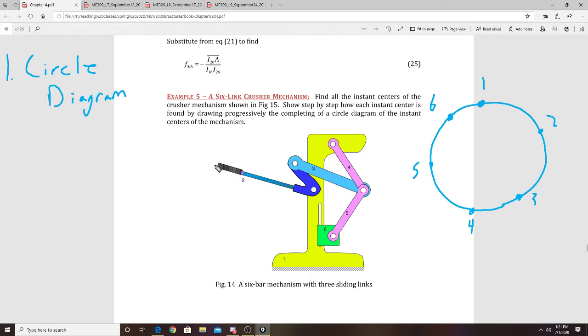Because this is the connection between 2 and 1. So right here, that's not going to work well. Maybe I should use dots here. Nope, too big. Let's try that. That's better. So that right there is I12.